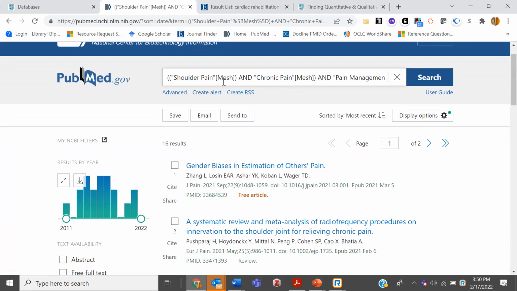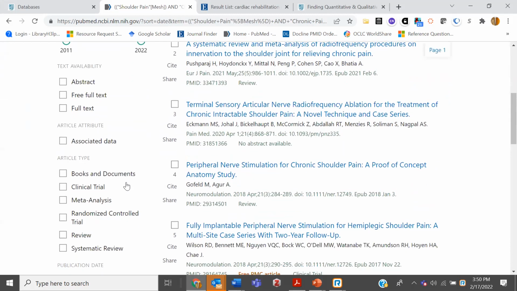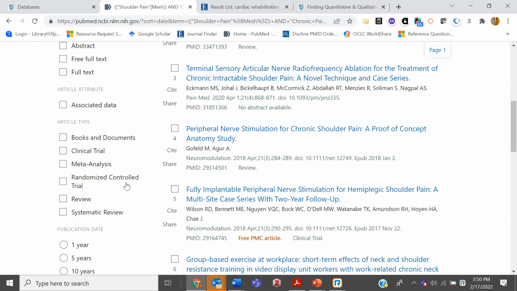And it's going to return the ones that have specifically MeSH for shoulder pain, chronic pain, and pain management. And you can see we get some 16 results over the last 10 or 15 years that can be quite relevant, quite narrowly focused on the topic that I'm interested in.